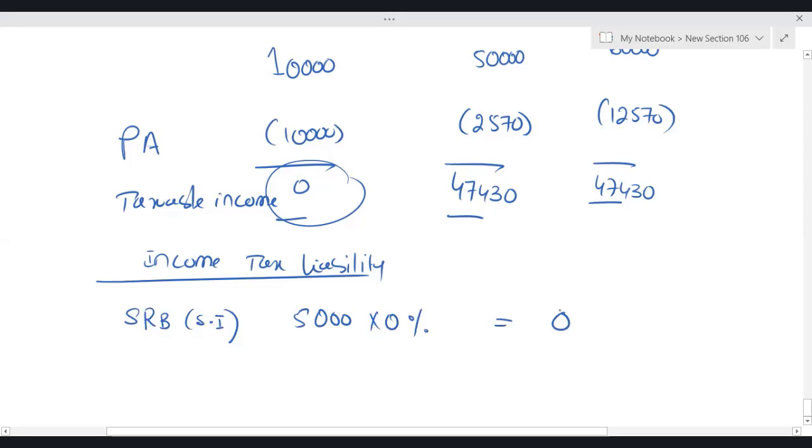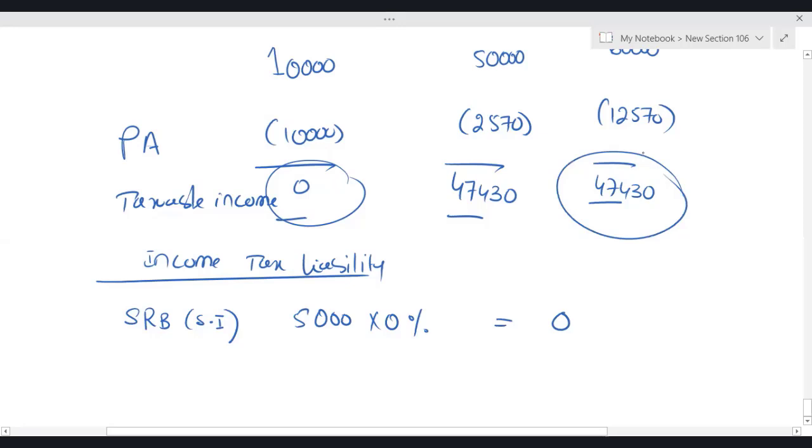After that, we need to decide the individual's tax paying status. If the individual is a higher rate taxpayer, then nil rate band is 500. In case of basic, it is 1,000. Look at the amount 47,430. By looking at 47,430, we can easily decide that this individual is a higher rate taxpayer.